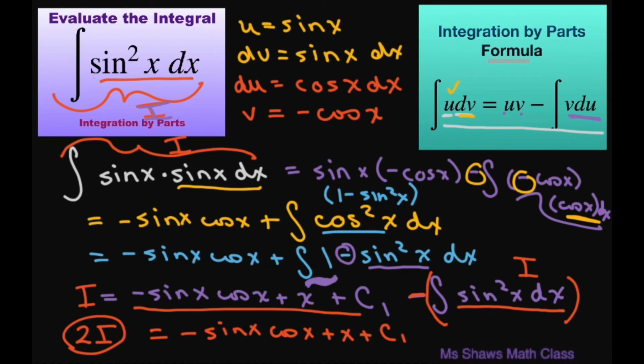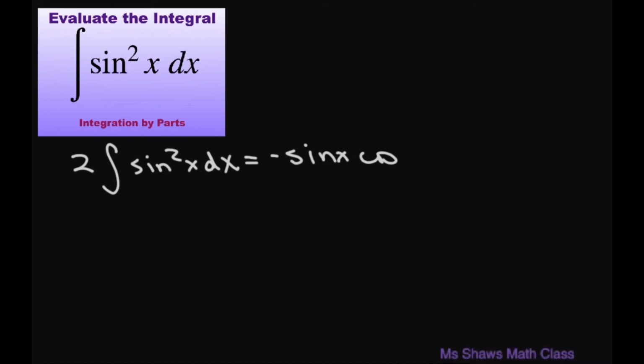All right, so let's do that. I'm going to do 2 times I and write this out. So it's going to be 2 times the integral of sine squared of x dx equals negative sine of x cosine of x plus x plus our arbitrary c.